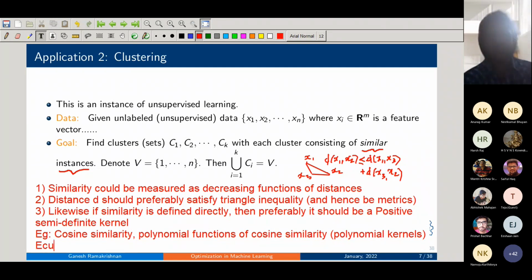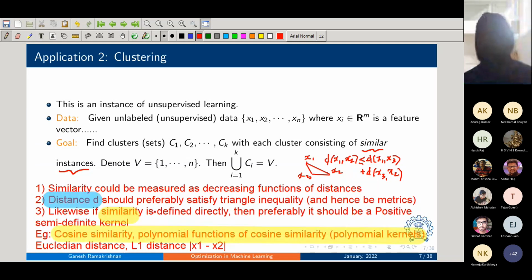Somebody mentioned Euclidean distance, right? You can also look at L1 distance. So you can say the L1 norm of X1 minus X2. I'm assuming you are all familiar with norms. What is the L1 norm? It is nothing but the sum of the absolute values. So you'll be summing up over all components, taking the absolute value of the ith component of X1 minus the ith component of X2.